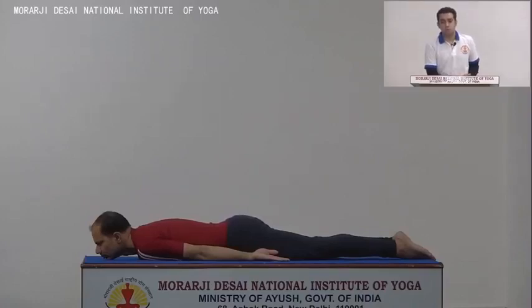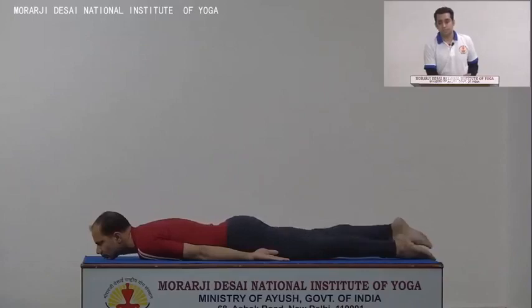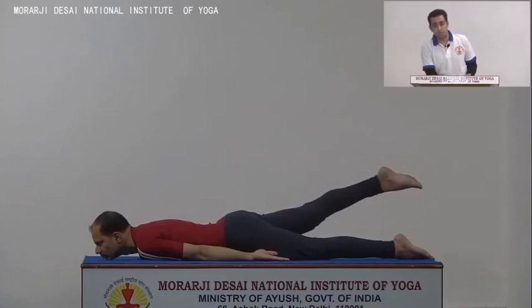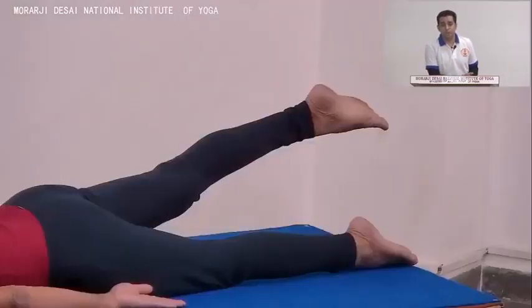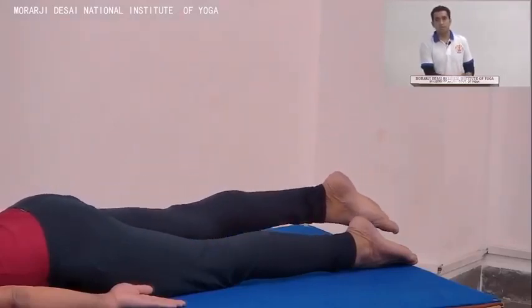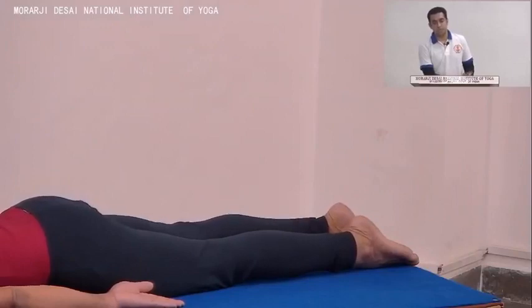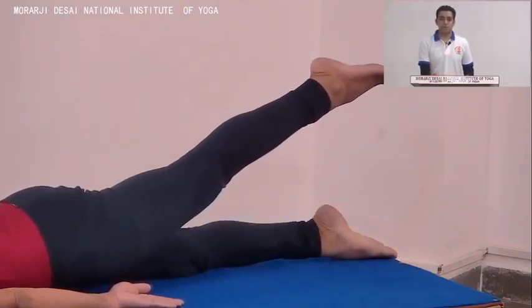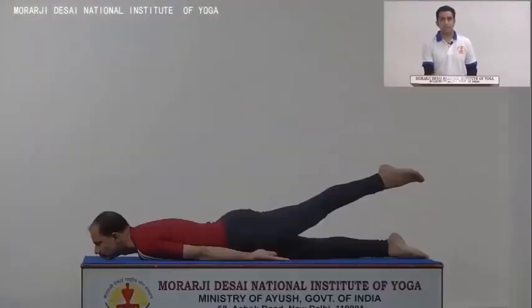Now slowly raise your right leg without bending the knee, with inhalation, as much as possible. This is Ardha Shalabhasana. It's very good for sciatica pain and for back pain patients. Slowly bring your right leg down. Repeat with the other leg. Inhale, lift your left leg. Chin rests on the floor. Breathing should be normal. Slowly come back.